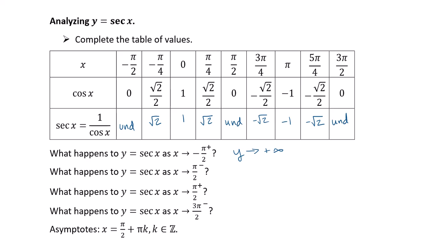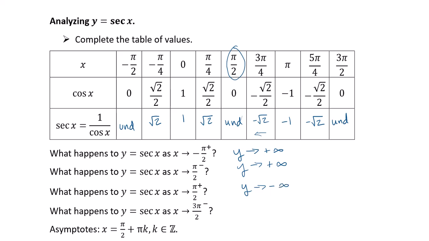What happens to y equals secant of x as x approaches pi over 2 from the left-hand side? So we're looking at pi over 2, and again we see this value is increasing. So y is again approaching positive infinity. What happens to y equals secant of x as x approaches that same pi over 2 but from the right-hand side? So we're getting close to this angle, but from the right-hand side, y will start approaching negative infinity.